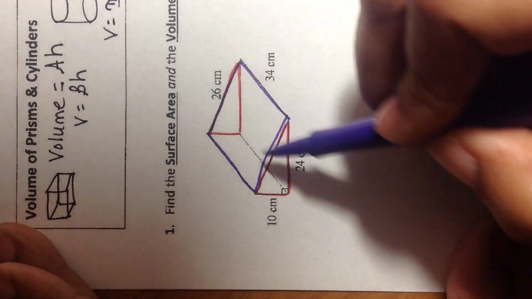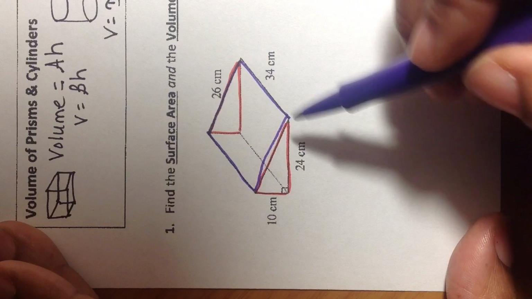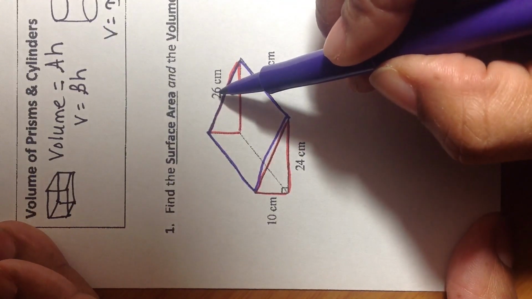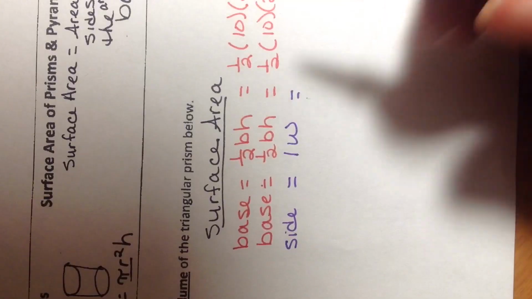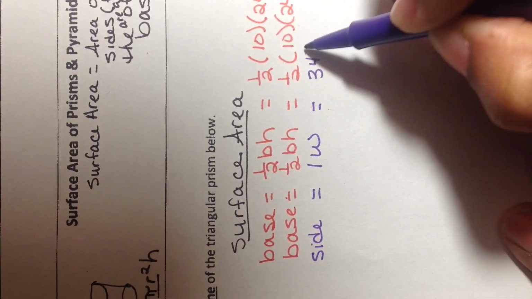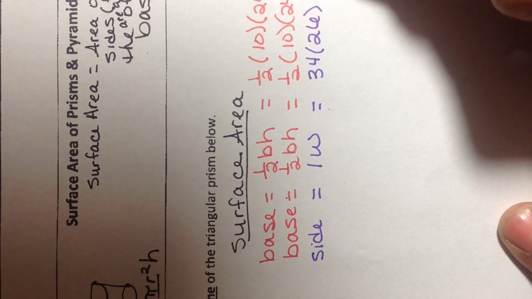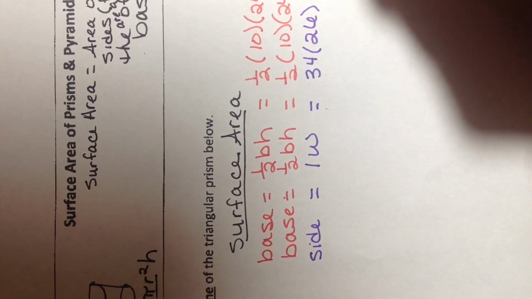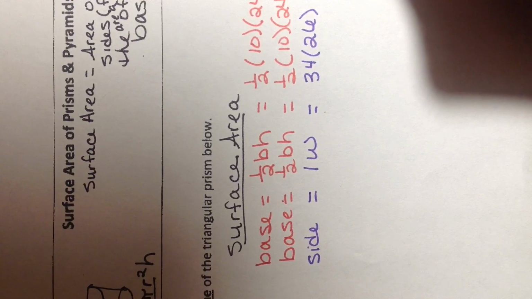In this case, this lateral side has a 34 length and a 26 width. So I'm going to say 34 times 26, and when I put that in my calculator, I get 884 centimeters squared.